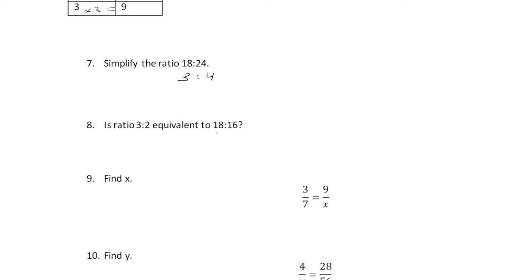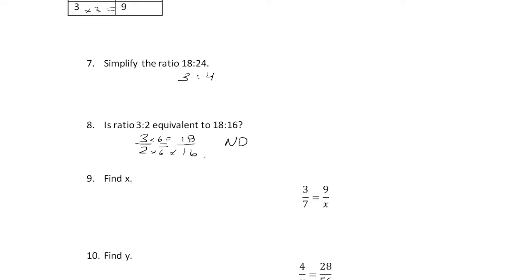For 8, we want to see if these ratios are equivalent. So I can rewrite these as a fraction. And at this point, if you want, you can cross multiply, or you could just say, okay, 3 times 6 is 18. Is 2 times 6 16? The answer is no. So you would expect the numerator and the denominator to be equivalent, but only the numerator or denominator works, so not both.